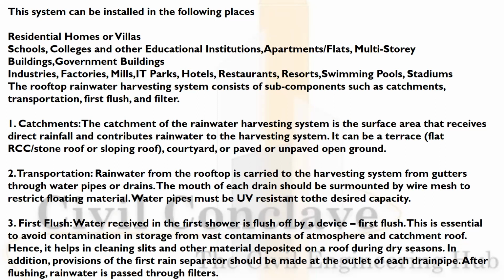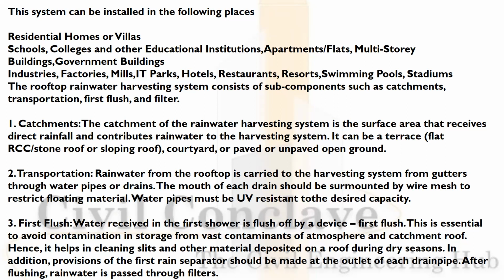Catchment. The catchment of the rainwater harvesting system is a surface area which receives the rainfall directly from the rain. It can be a terrace, courtyard, or paved or open ground. Transportation.